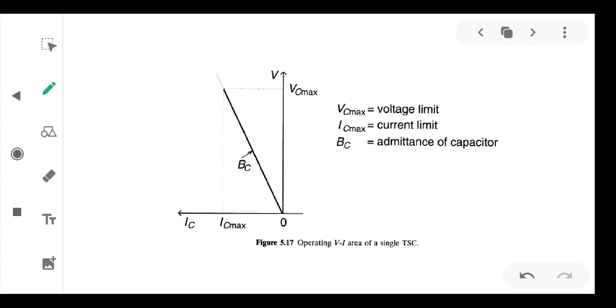The operating characteristics of the TSC are shown in the figure, in which the x-axis is the current and the y-axis is the voltage across the TSC, and BC is the susceptance of the TSC, given by VC max into IC max.